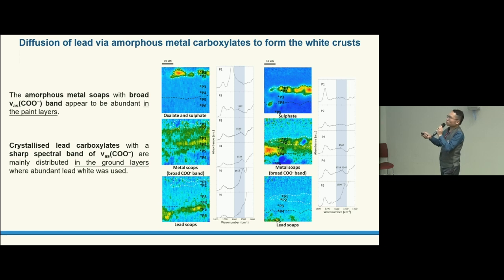So I would like to talk about the diffusion of lead from the ground layer to the surface of the painting, because there was an assumption that the lead soaps can migrate from the ground layer to the surface of the painting. But Dr. Hermans challenged this theory because he had two reasons.